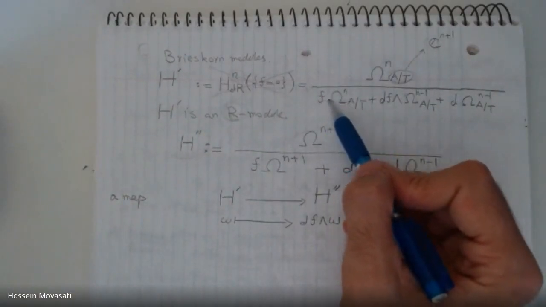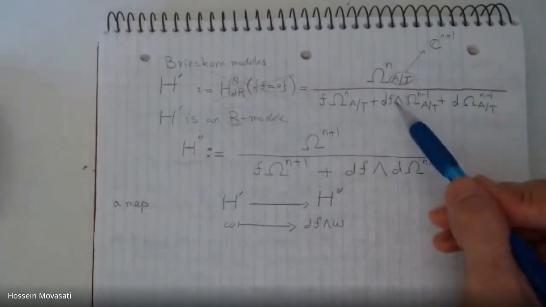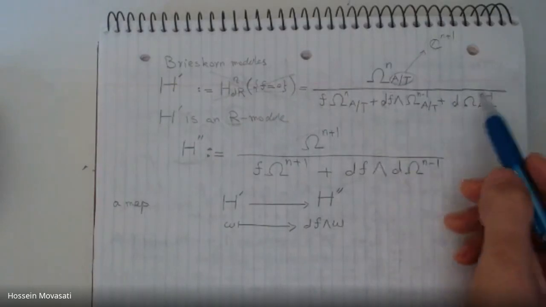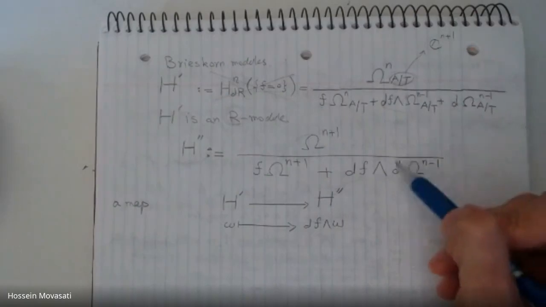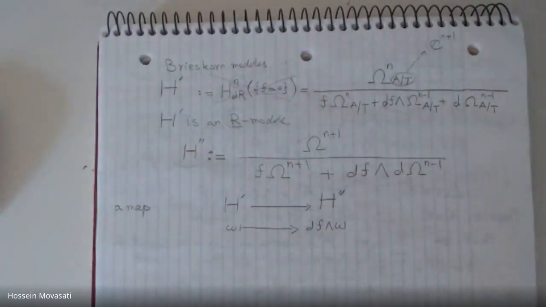If you take df of a multiple of f, it is 0 here. If you take df of this guy, this will be 0, so that will go to 0. And if you take df of this guy, you will land here. So at the end, this is well defined.